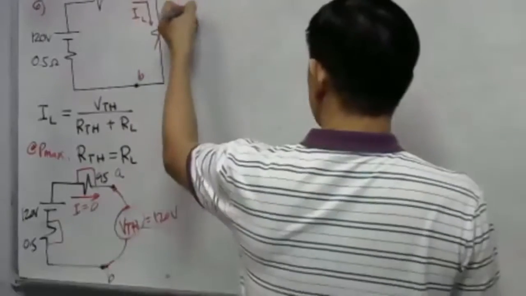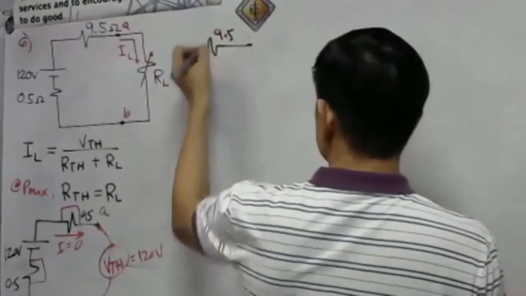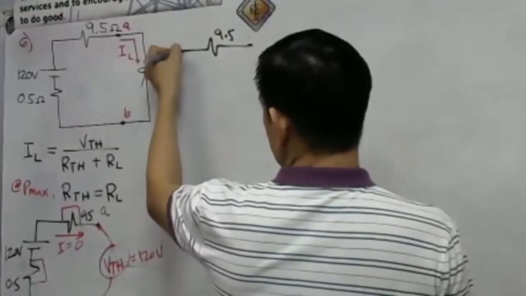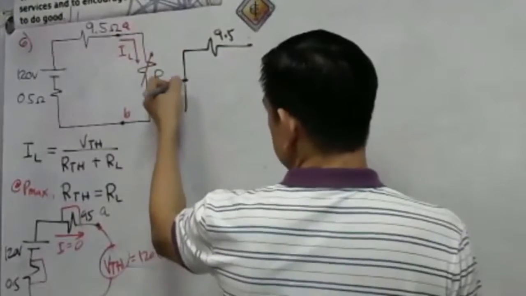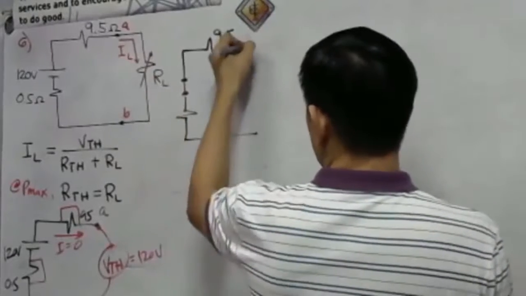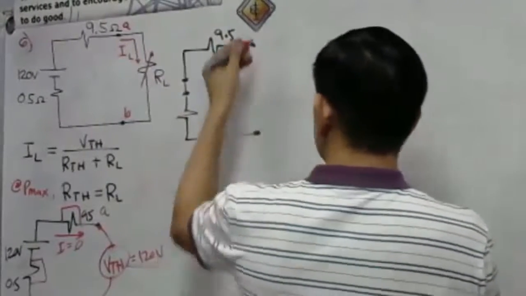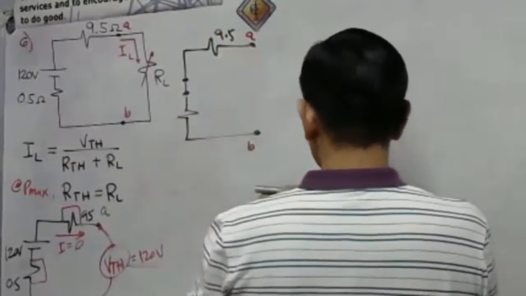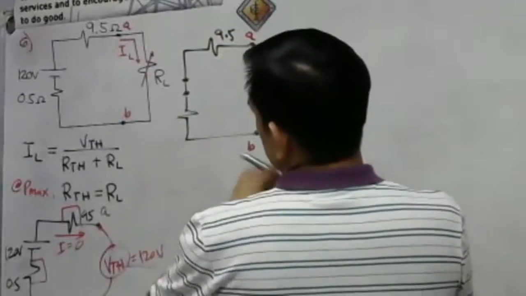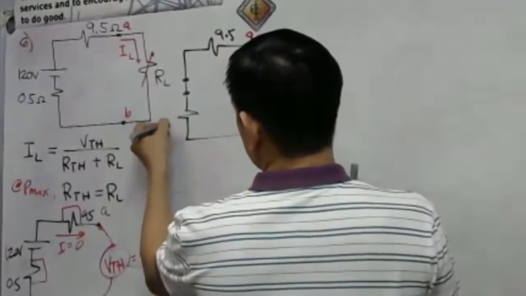Okay, so let us have our RTH. This is our 9.5 ohms. Let us remove the 120 volt source and short its two terminals. Then we have here our A and B. This is our point A, this is our point B. Then this is our 0.5 ohm.